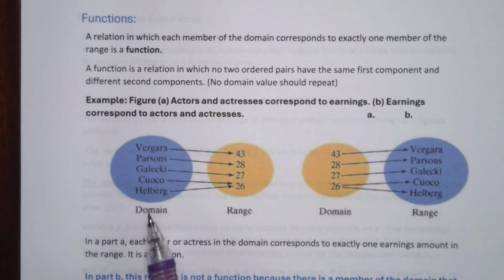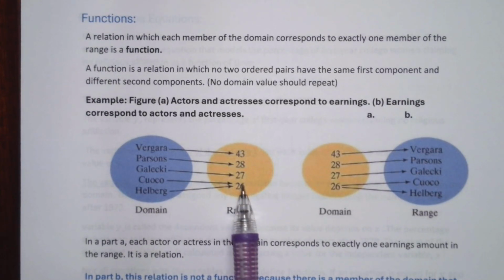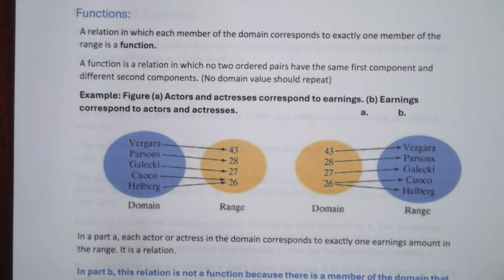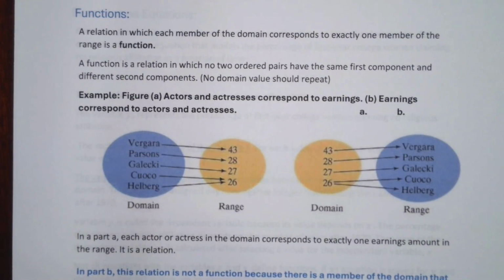That's okay for each domain, as long as they have one answer, or one number. If you look over here, if we reverse it and do the pay versus the actor, you'll notice that for 26, our input or our X value has two answers. So this would be considered not a function.